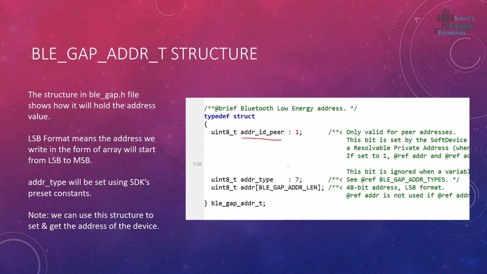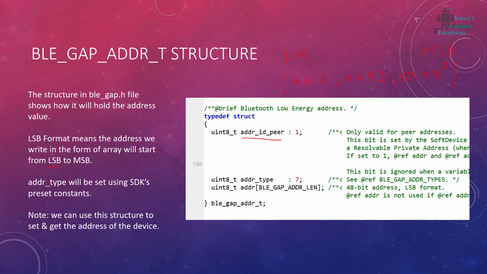By the way, we should also know that LSB format means the address we write in the form of an array will start from LSB to MSB. So for example, if we are writing the address in an array, for example 0x12, then 0x42, then 0x44. So the address that we are writing is from LSB to MSB, so this would be the MSB.